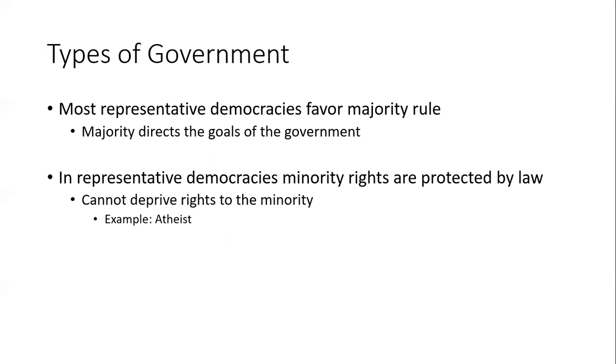Most representative governments come up with this idea of majority rules. The majority rules who's empowered to make these laws. However, there are laws in place or rights in place that protect the rights of the minorities. The book gives an example of freedom of religion, basically guaranteeing the rights for people to be atheists or to practice a religion that's not commonly practiced by the majority.